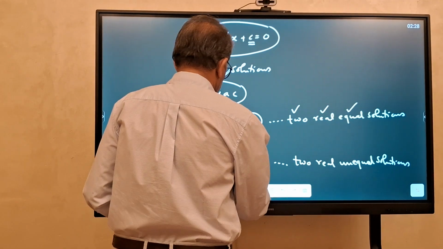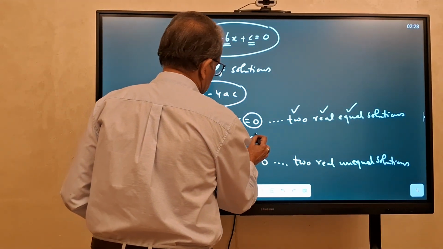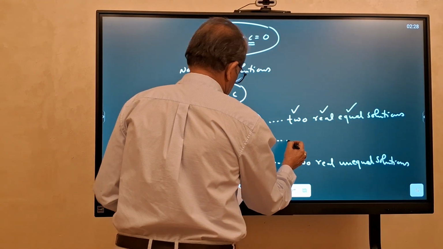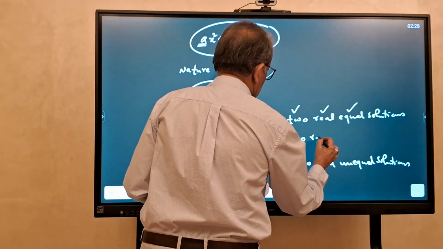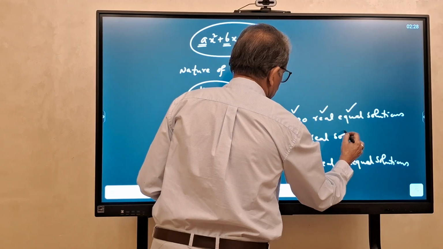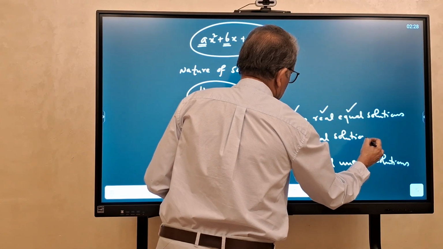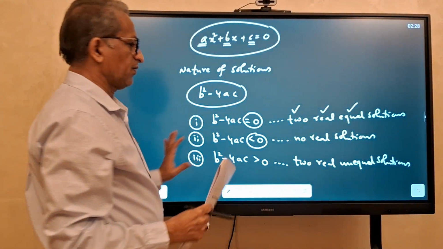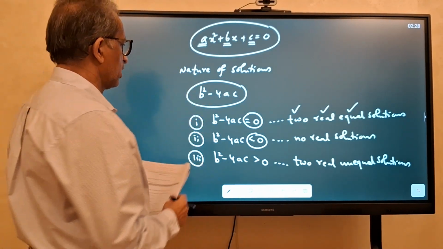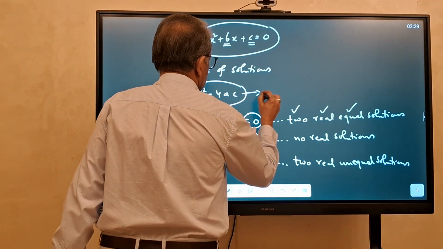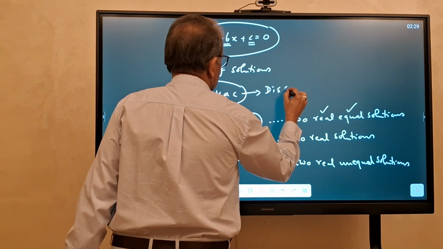But if b square minus 4ac is less than 0, remember, no real solution. So remember this fact. This b square minus 4ac is also known as the discriminant.